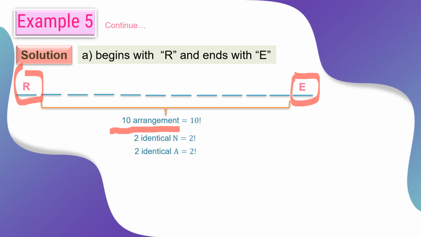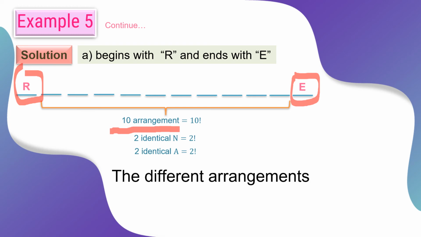Okay, so you must identify if we have 2 or more identical letters. Now if we refer to the word, we have 2 identical N and also 2 identical A. So how to calculate?